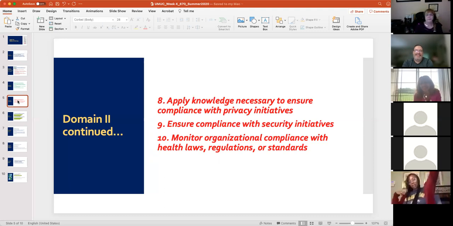Number 9, ensure compliance with security initiatives. So many people focus so hard on teaching about HIPAA's privacy rule that they forget about HIPAA's security rule. I'm going to make it easy for you and tell you that the safeguards, administrative safeguards, physical safeguards, and technical safeguards, very specific, laid out in the security rule, are what you need to know.